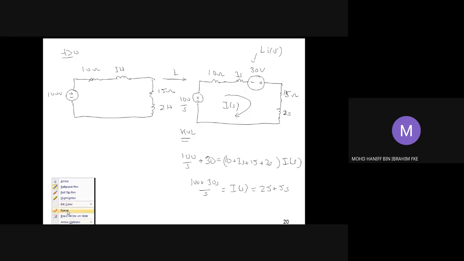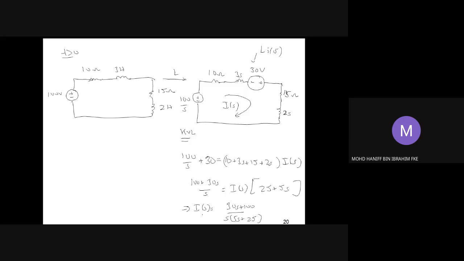Then IS shall be equal to 30S plus 100 divided by S times 5S plus 25.